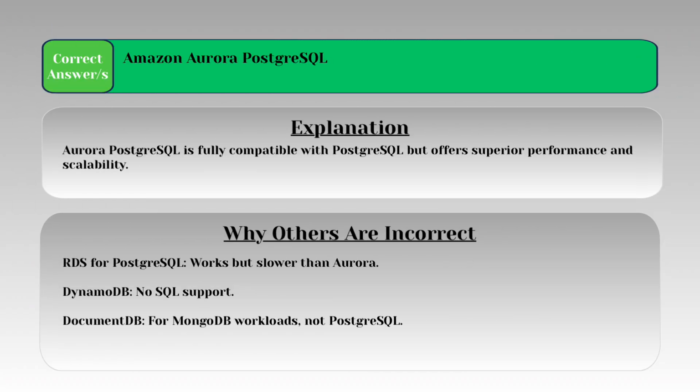Explanation. Aurora PostgreSQL is fully compatible with PostgreSQL but offers superior performance and scalability. Why others are incorrect? RDS for PostgreSQL, works but slower than Aurora. DynamoDB, no SQL support. DocumentDB, for MongoDB workloads, not PostgreSQL.